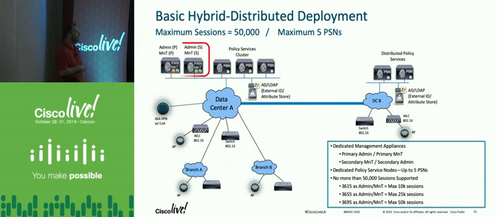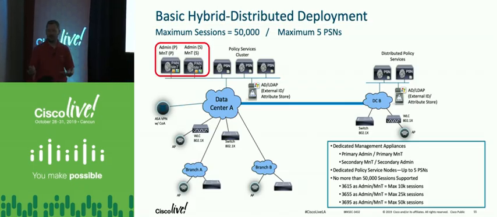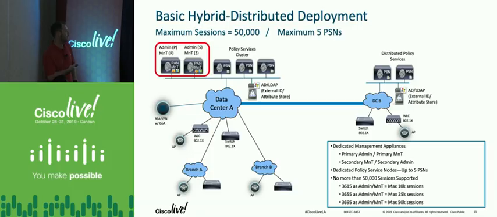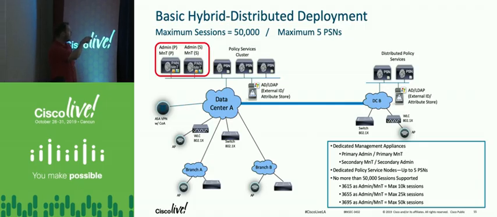So one of the things that comes up quite a bit is being able to distribute policy services nodes to remote branches or secondary campuses to make sure that you have additional redundancy from a RADIUS point of view. So 2 admin M&T nodes, a couple PSNs in the main data center, and then 2 PSNs in the other data center.